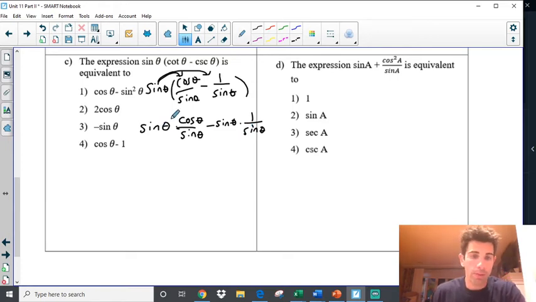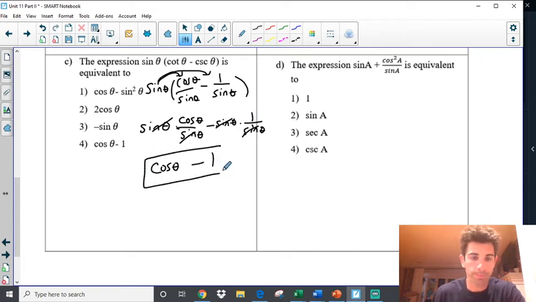Now, who can cancel? You can cancel with this guy, you can cancel with this guy. So then you're left with cosine theta minus, and the only thing left here is 1. Cosine theta minus 1. Choice number 4.